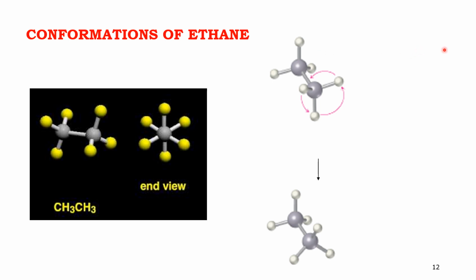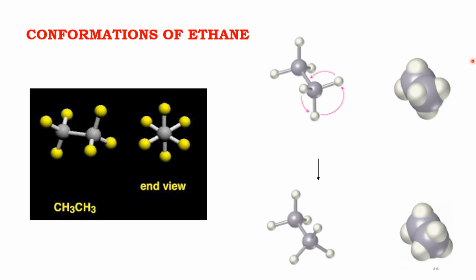And among these, 2 extreme conformers are there. For the ethane molecule, 2 extreme conformers are there. In one, the first carbon atom and second carbon atom have all the hydrogen atoms on the same plane. All the hydrogen atoms are on the same plane.